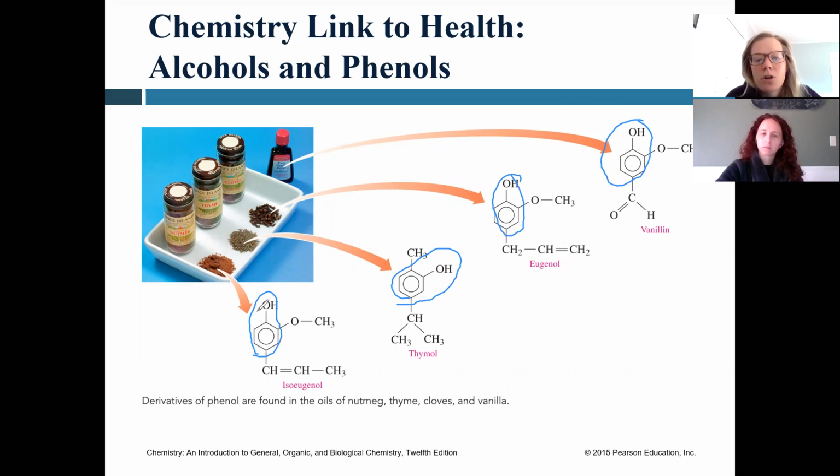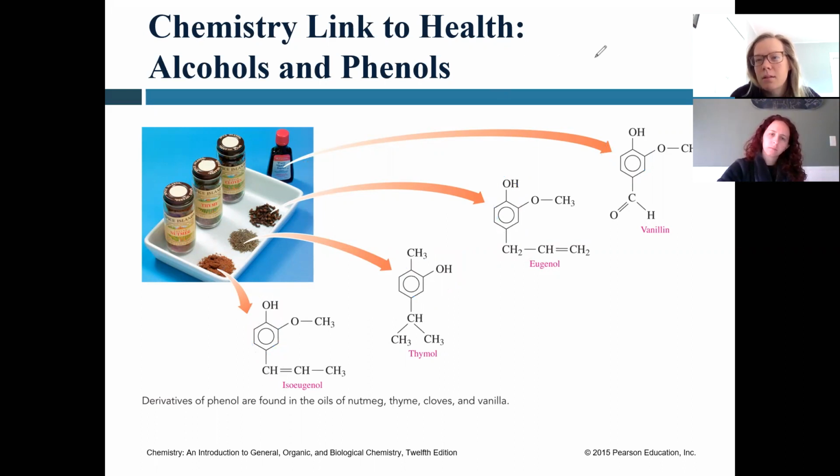So here's an OH group, and then it has an ether group, and then it has a carbon chain here with a double bond. Phenols in general, you find them a lot in spices or things that have aromatic qualities to them, so strong smells, tastes, odors.